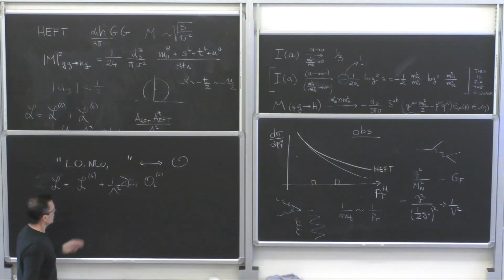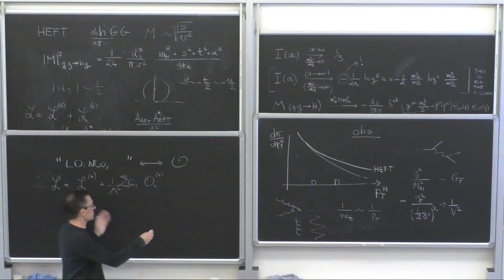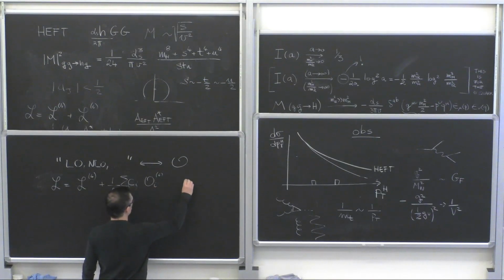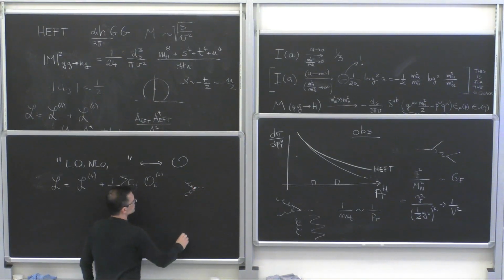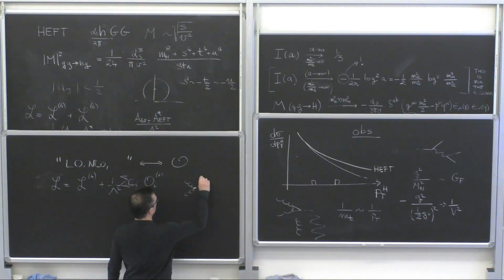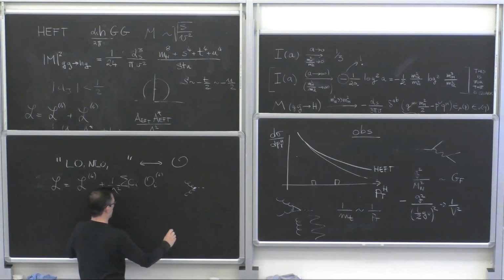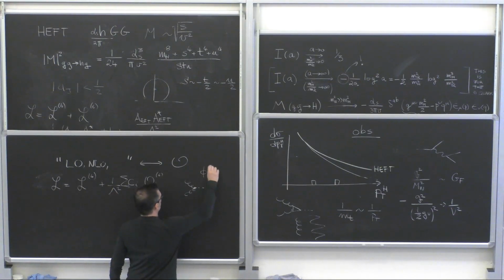Now I compute, so these give Feynman rules, like here. For example, here we have a new Feynman rule, which is dimension 5. Okay, so let me use this now.